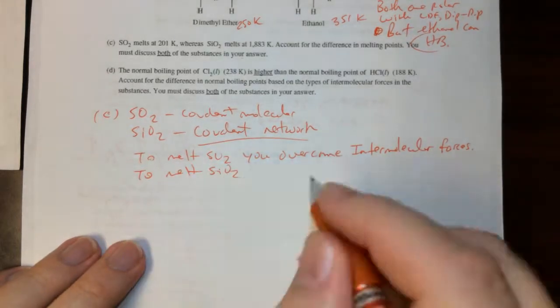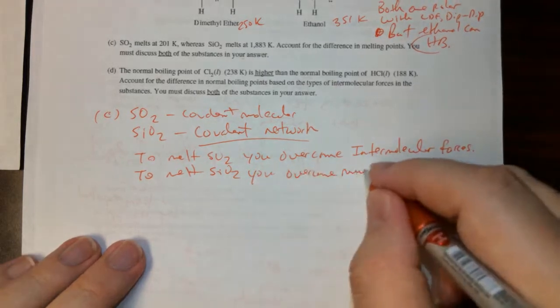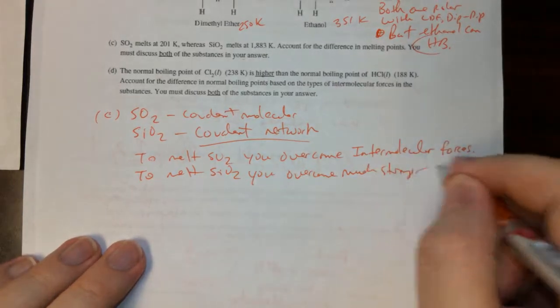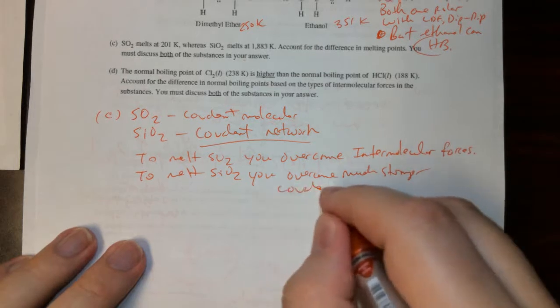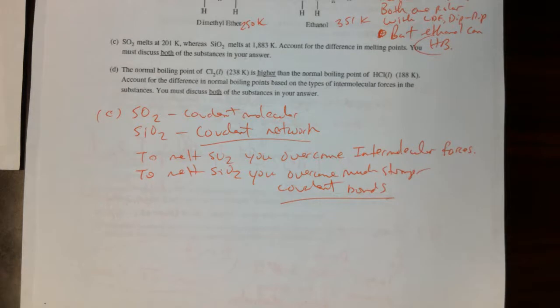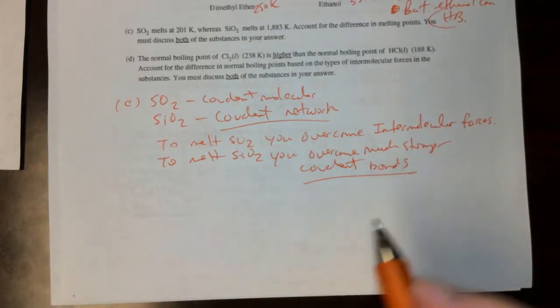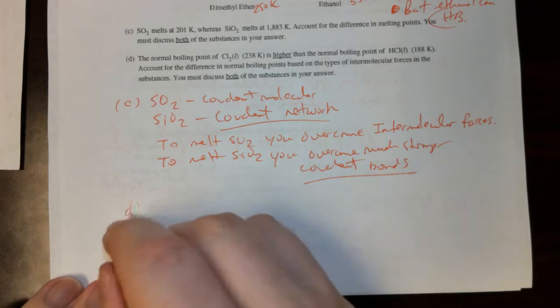To melt SiO2, you overcome much stronger covalent bonds, straight up covalent bonds. And that's why you get a higher melting point. A lot of students miss that one across the country.